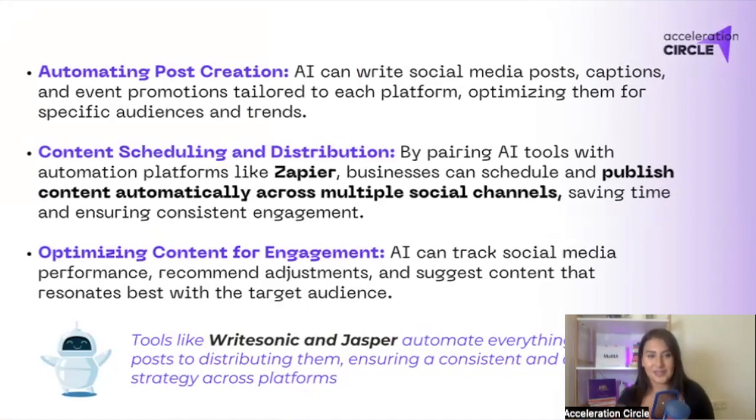And as I told you, automating post creation for a specific audience and trends. Trends is a very important thing. Trends, mega trends. We should be aware what trends are on the market, not to be outdated, just to be in high demand. We should be ahead, and trends are very important to follow.